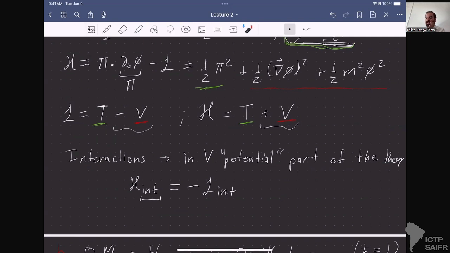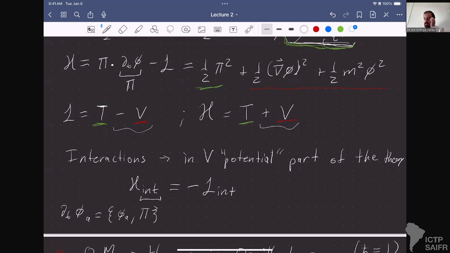And the time evolution of the system in the Hamiltonian formalism is going to be given by the time evolution of your operators. This is classical mechanics, okay? Time evolution of your operator is going to be given by the Poisson bracket of the Hamiltonian and your operator.